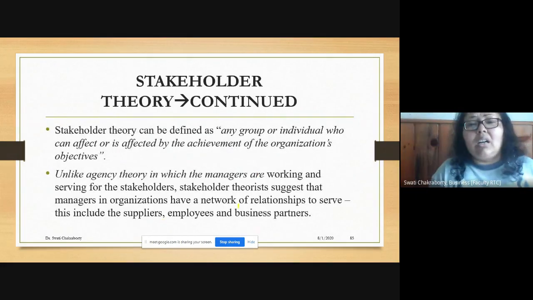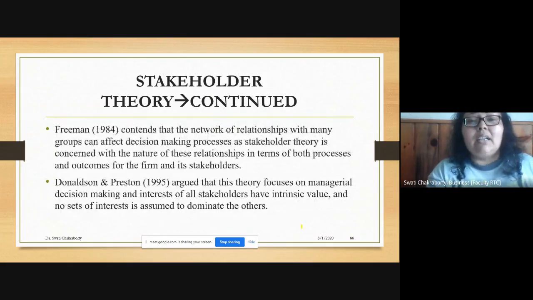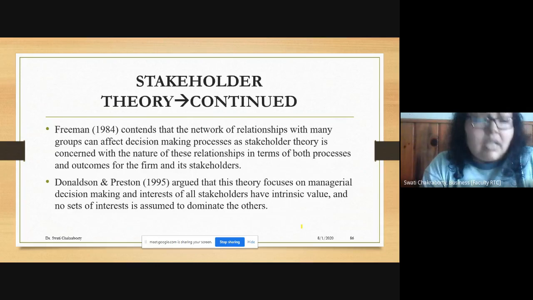Now how is this being done? When we talk of government, it means paying taxes on time and abiding by the laws of that economy, right?